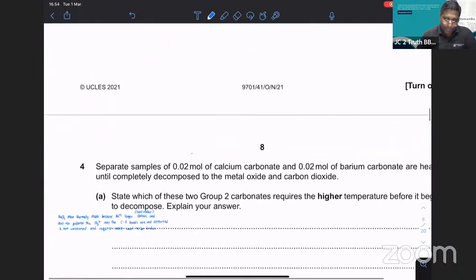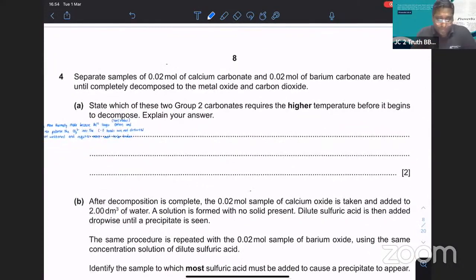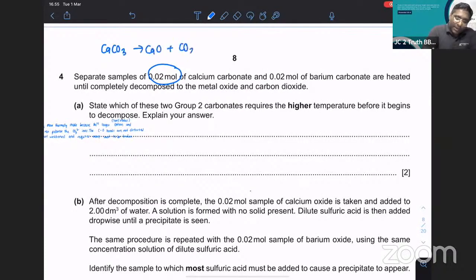Let's move on. For question number 4, separate samples of 0.2 moles of calcium carbonate and 0.2 moles of barium carbonate are heated until completely decomposed to the metal oxide and carbon dioxide. If I have calcium carbonate, you heat, you get calcium oxide plus carbon dioxide.